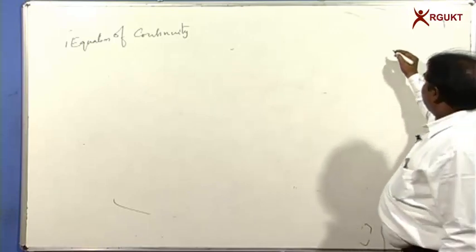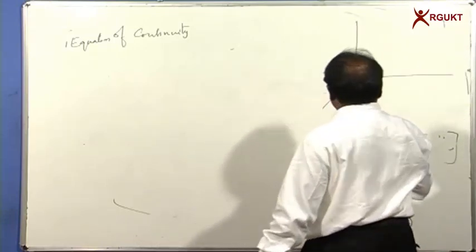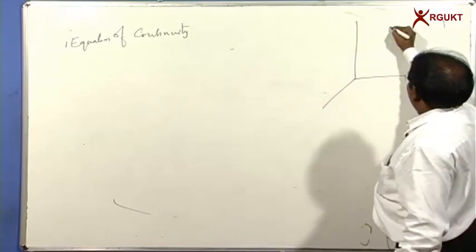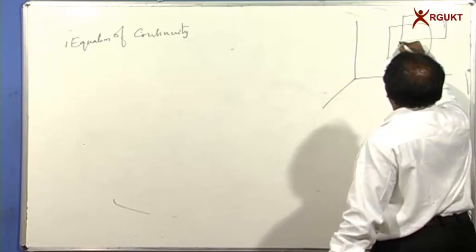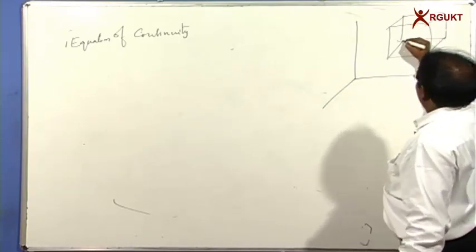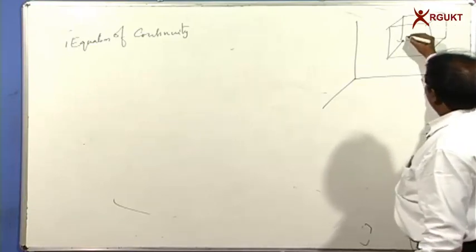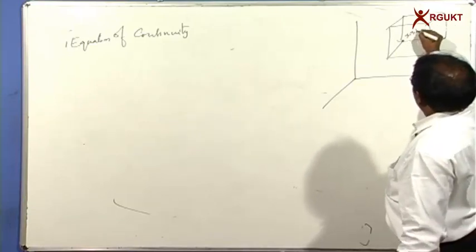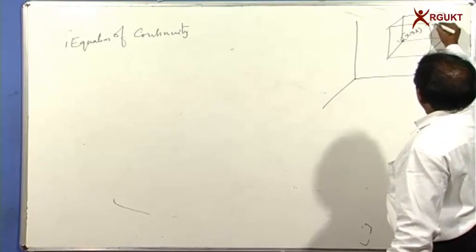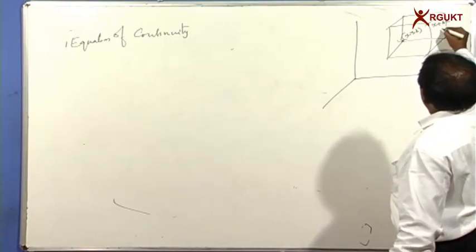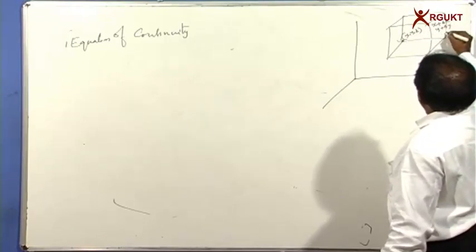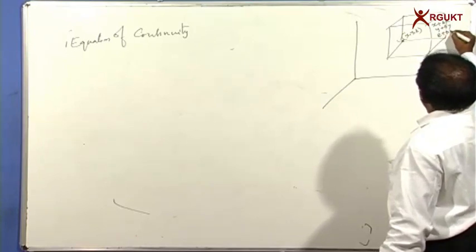In this case, we have a three-dimensional system. Here we have one point, and this is another point. You can call this the x, y, z point, and this one x plus delta x, y plus delta y, z plus delta z.